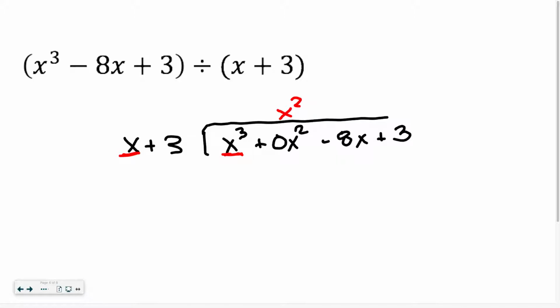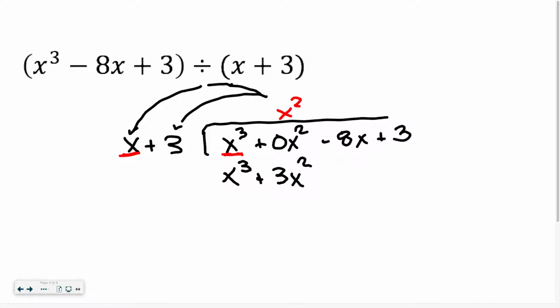Okay, if you're working ahead, did you get x cubed plus 3x squared? Did you remember to distribute? So you're doing x squared times x and x squared times 3.